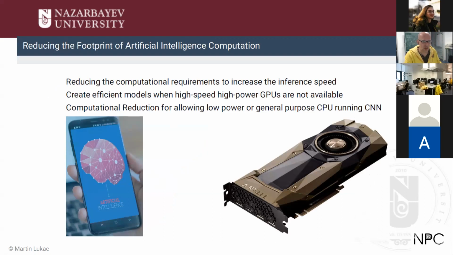So this is a deep learning GPU, a Titan V, and this is for very high computing. Now, your phone is probably much more powerful than a supercomputer we had 30 years ago. But that doesn't mean this is completely green, because the models are getting bigger and bigger.